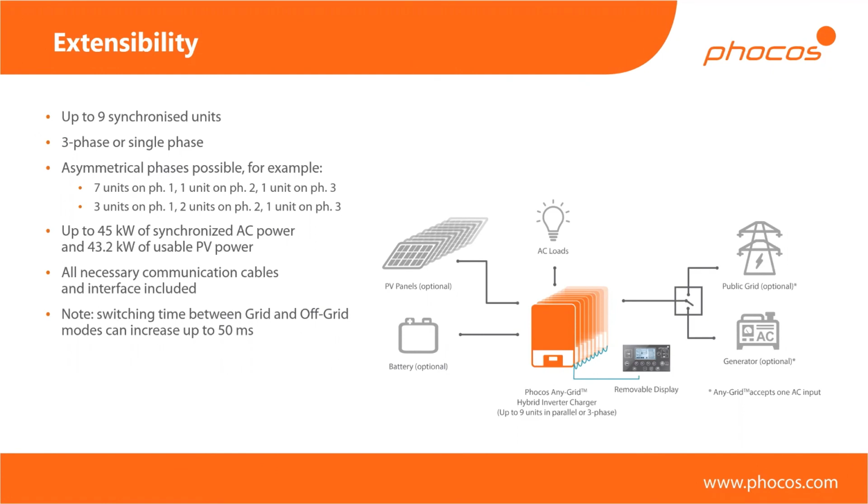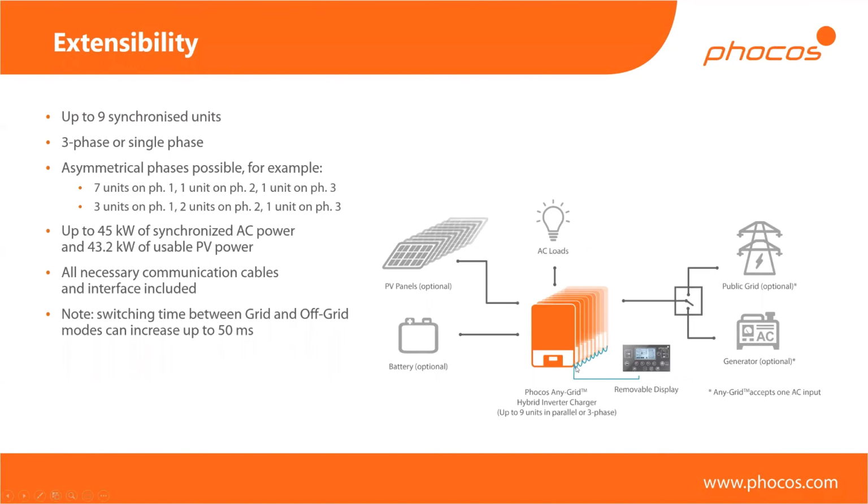They must always be identical, so you can't mix 3 and 5 kilowatt units, but this gives you even more flexibility because it just means that you can set up a single AnyGrid, and you might realize later that you want to add some PV power, or that you have bigger loads than expected, and you can just hook up a second AnyGrid and have those two running in parallel, or you'll see in 3-phase or split-phase configuration, however you like.